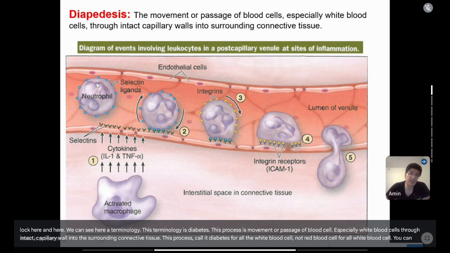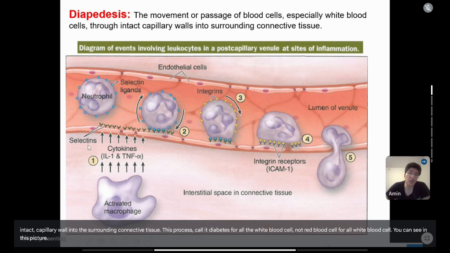You can see in this picture the diapedesis process. Here is neutrophil. You can see here neutrophil has selectin ligands. And here is blood vessel. The lumen of blood vessel, here is endothelial cell as an epithelium of vessel.